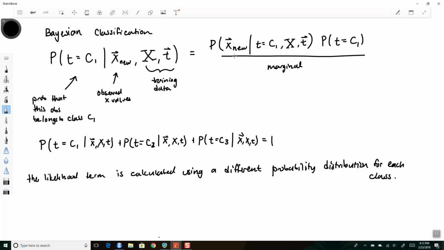Okay, and you combine that with the prior probability of that classification, and basically you calculate that across all possible classes, and the marginal is just going to be the sum of those numerator terms, so that when everything adds up, it adds up to 1. Okay?